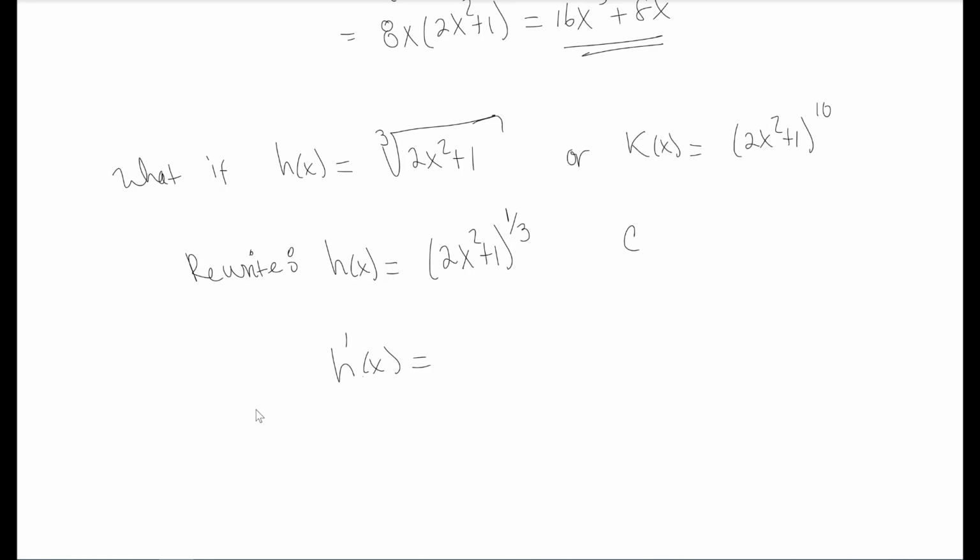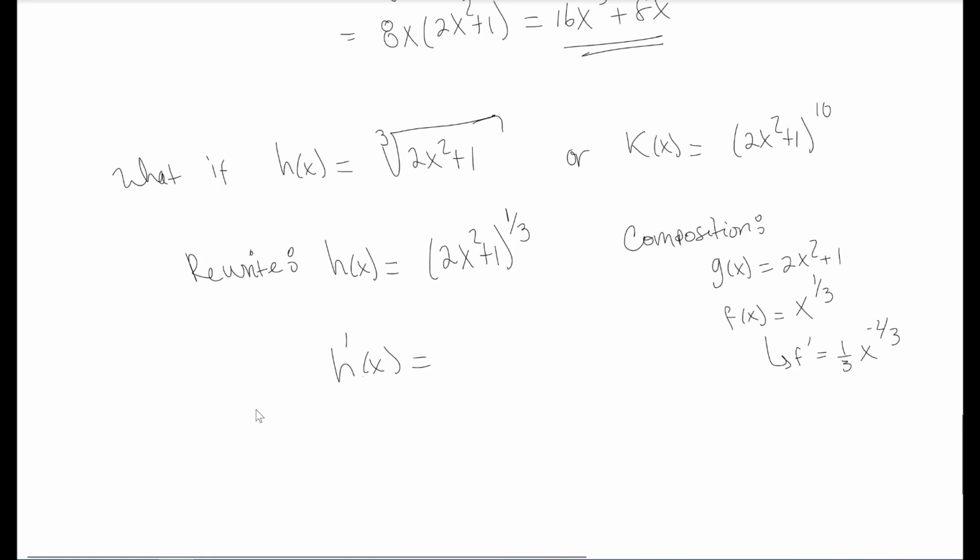So my composition here is the inside function is still the 2x squared plus 1, but my outside function is the cube root of x, so x to the 1/3. So I take the derivative of this, right? F prime will be 1/3 x to the subtract 1, so minus 2/3.